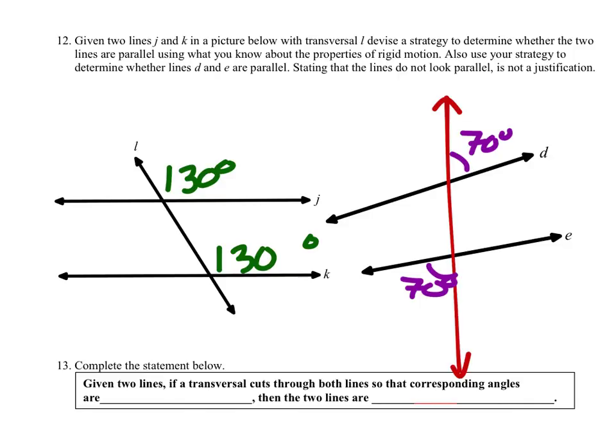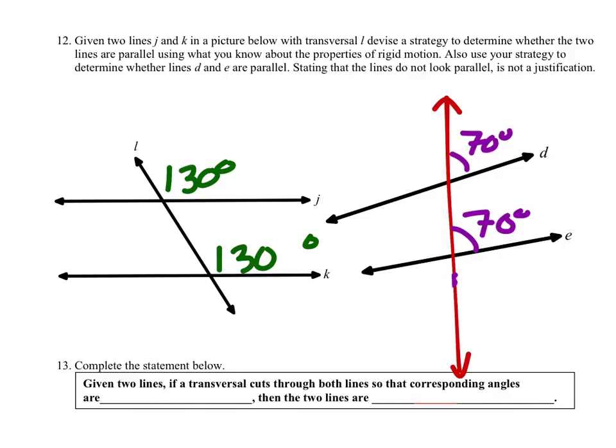Why would they be parallel? Because now we have a special angle relationship, alternate exterior angles, that are congruent. Now we could move that 70 degrees though, and maybe instead of alternate exteriors, they did it with corresponding angles. That's okay too. These would still be parallel lines.